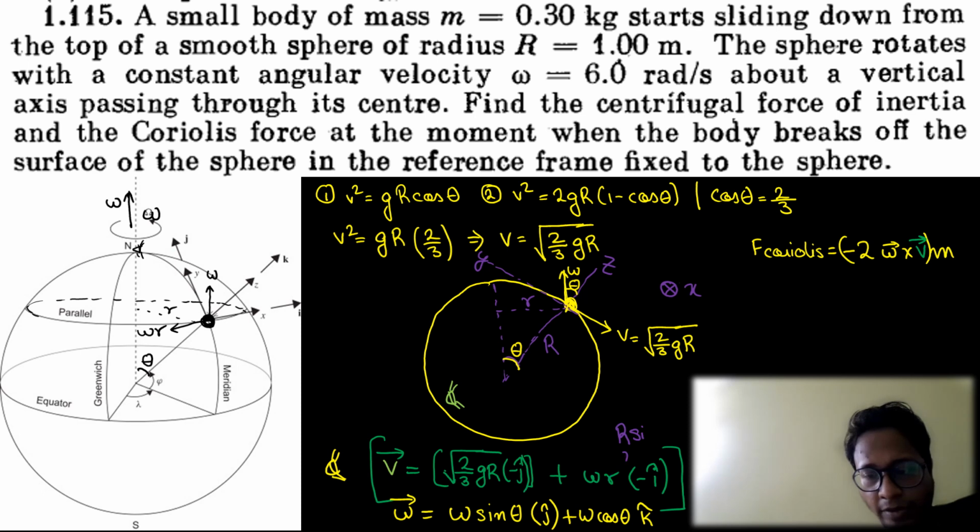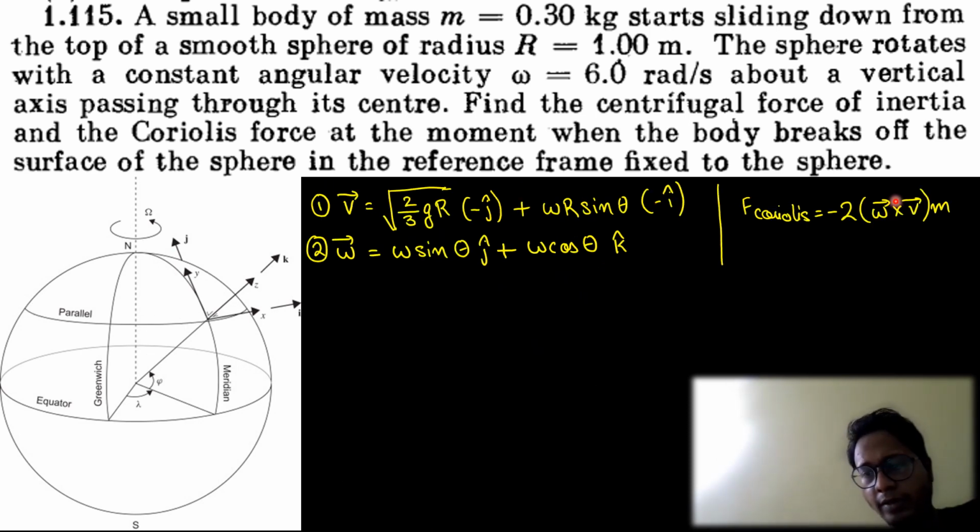So out here we'll use r is equal to R sine theta, for capital R is the radius of the sphere. Now we'll try to find out the Coriolis force. I'll copy paste this value and these two values on the next page, and I'll do the calculation.